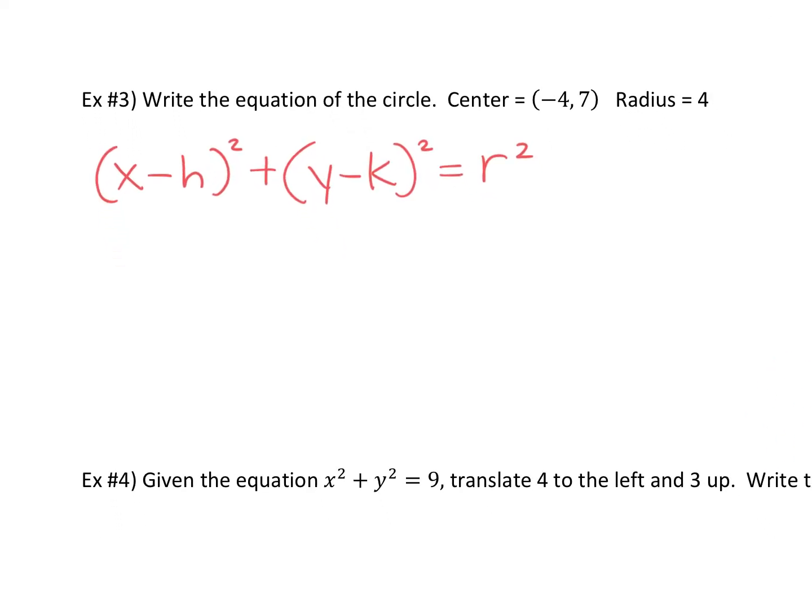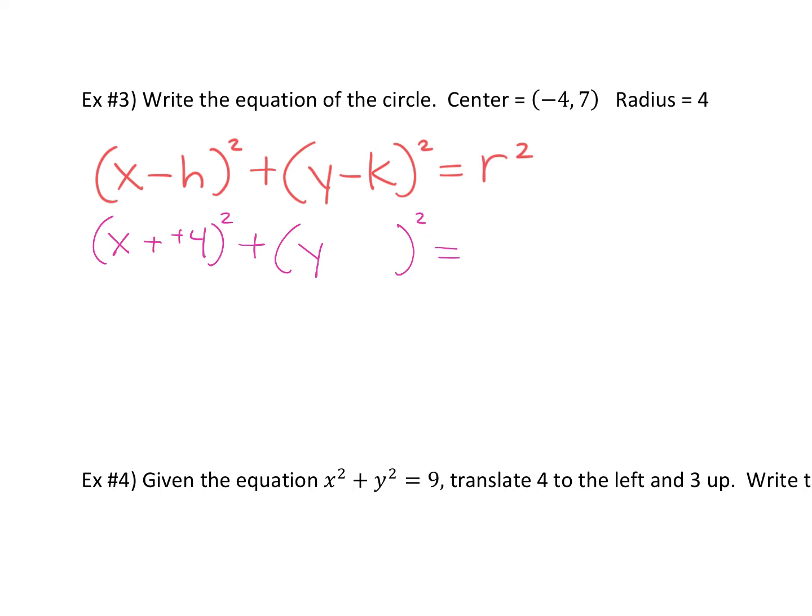So if this is our setup and we're going to write the equation of the circle, x and y have to stay put. Don't replace your x and your y. You want to replace your h, your k, and your r. What is it going to be? X what? Plus 4. It's minus a -4, right? Which is plus a +4.